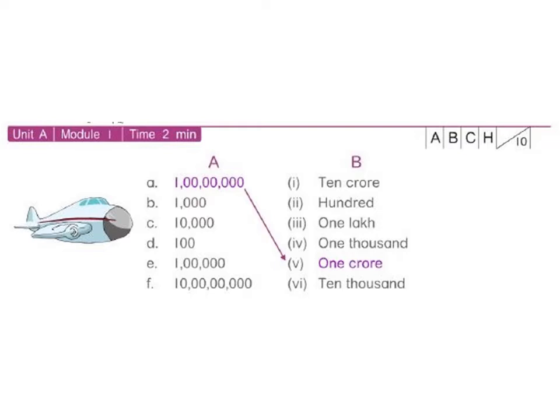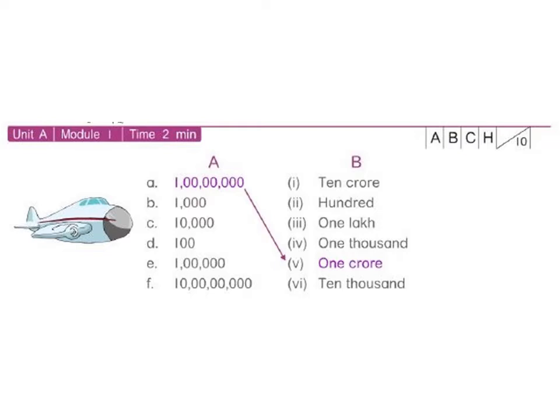Number C, it will be 10,000. D will be, of course, 100. E, 5 zeros, 2 commas. That means the third period from the right hand side. It will be the lakhs position, so it will be 1 lakh. And question number F, 1, 2, 3, 4, 5, 6, 7 zeros will be crores, so it will be 10 crores.